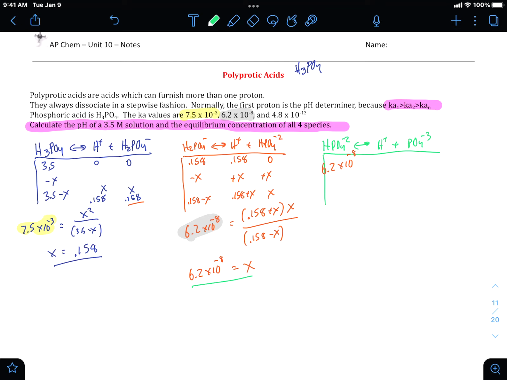Is it 0? It is. Yeah, it's 0.158 because the first one made that much H plus. For the second one, the H plus concentration was 0.158 plus the value of x, but the x is inconsequential to that magnitude, so it's still 0.158 here. And this is 0. The phosphate is 0.